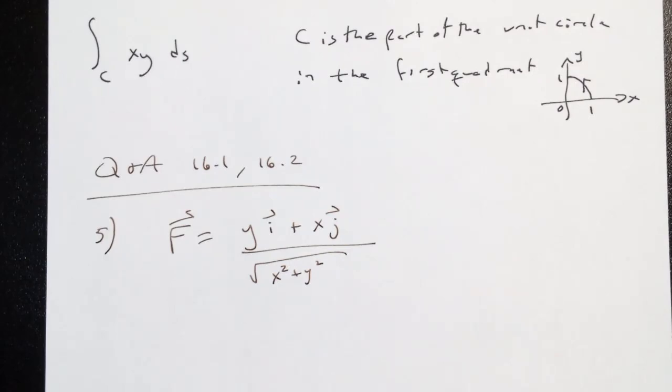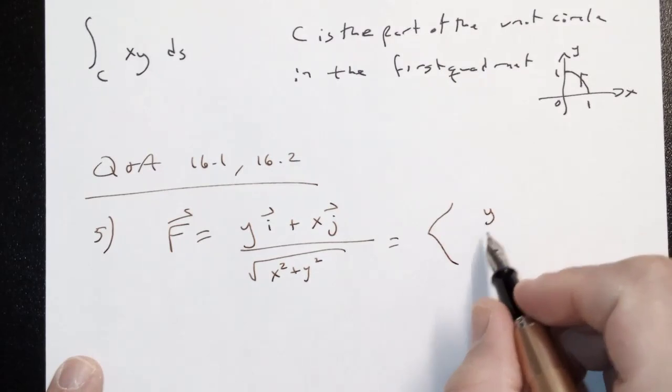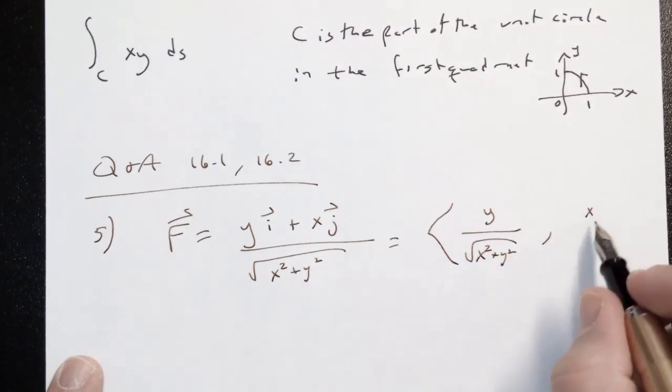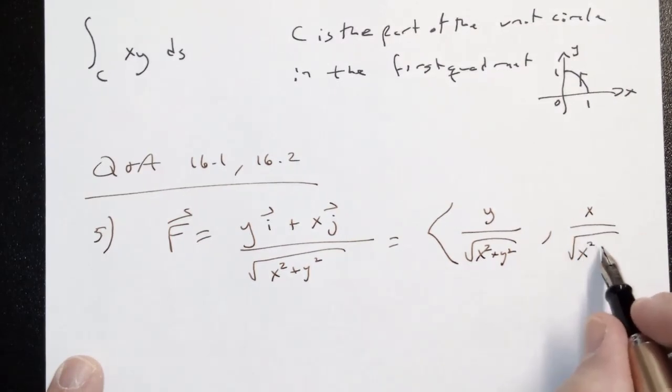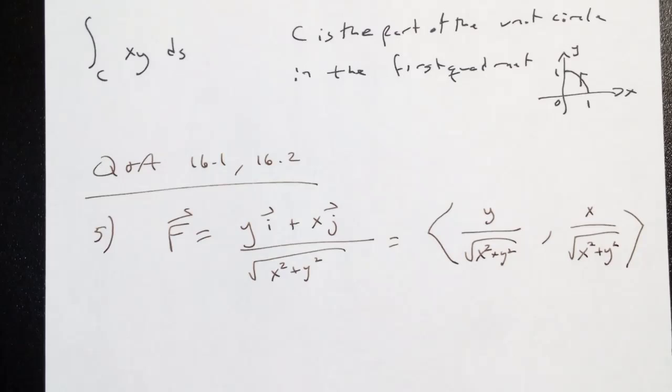Now I'm going to break that into two pieces. I'm going to write that as y over the square root of x squared plus y squared, comma, x over the square root of x squared plus y squared. So now instead of writing it in i and j, I've written it in components. With me so far?